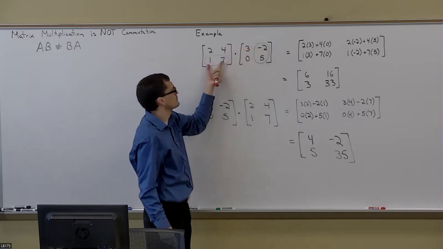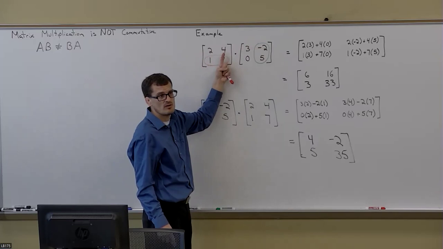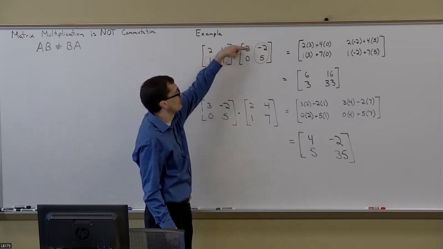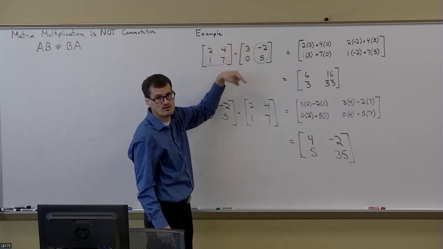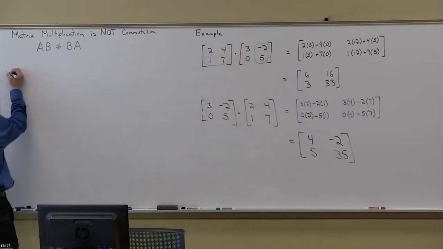The number of entries in the row is just the number of columns. The number of entries in each column is the number of rows over here. So let me explain what I mean by that. Let's do another example.